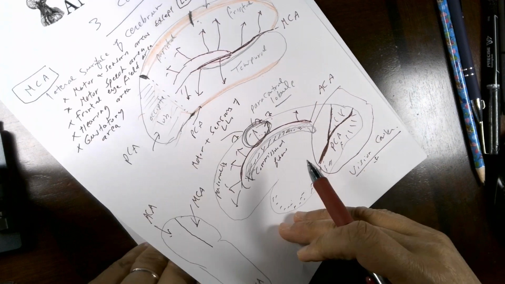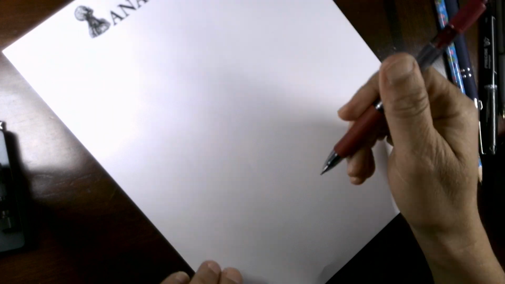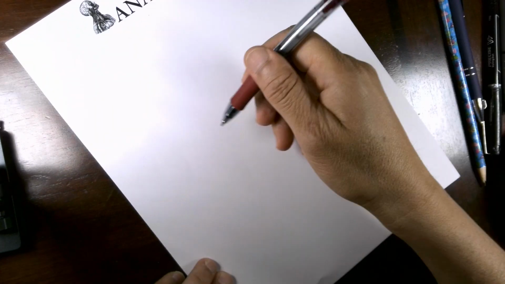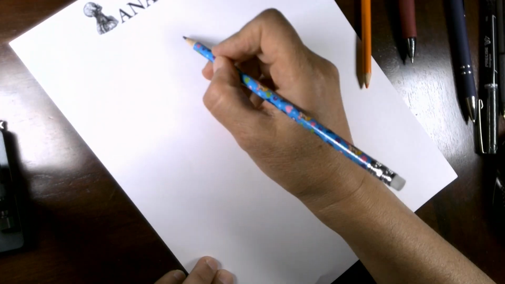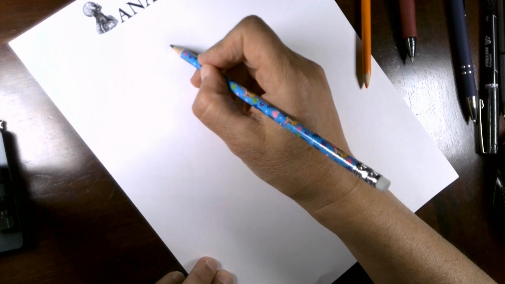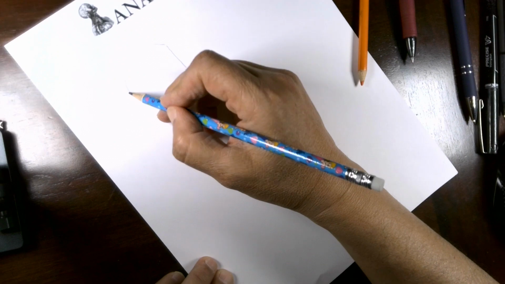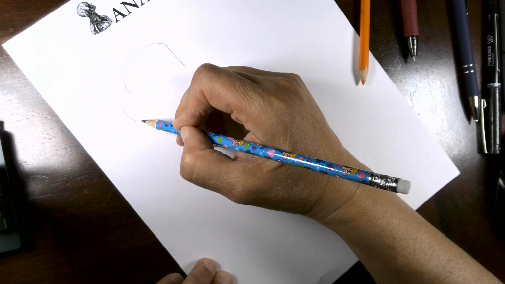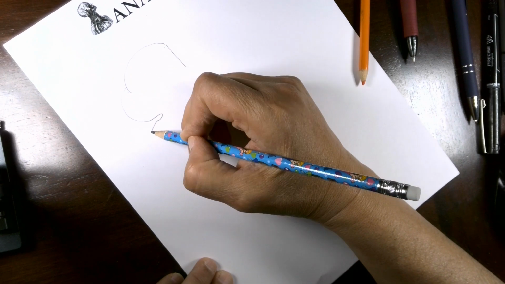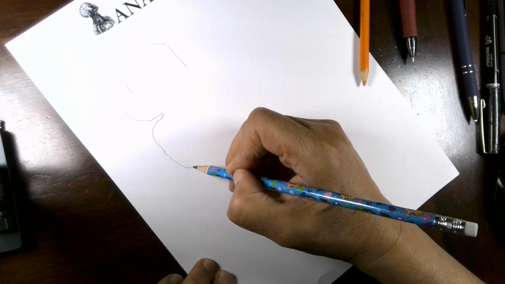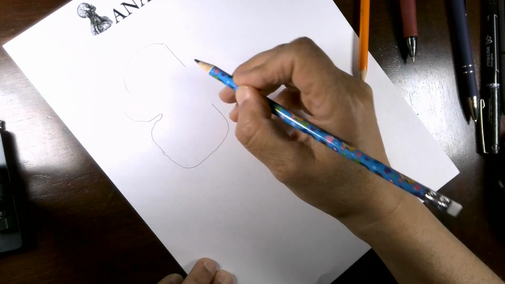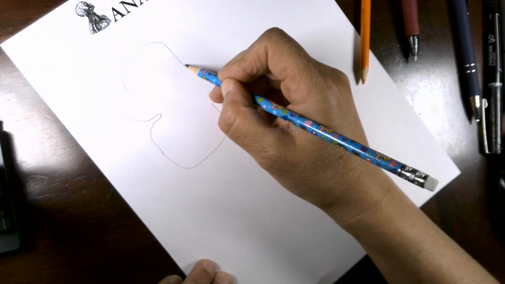So, striate arteries, just a quick reminder. If you go to the coronal section of the cerebral hemisphere, this is the middle cerebral artery here in the lateral sulcus.